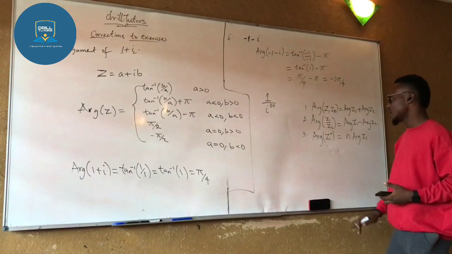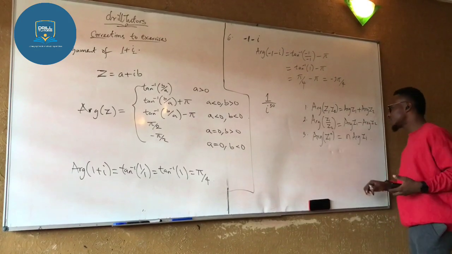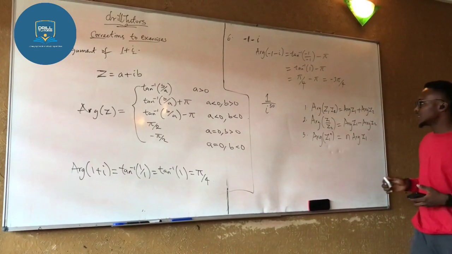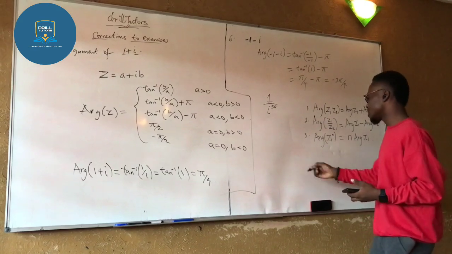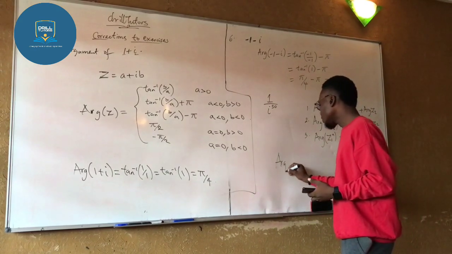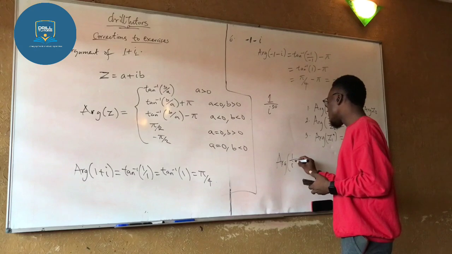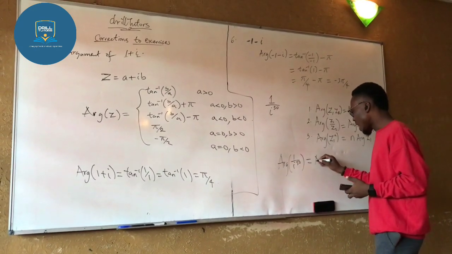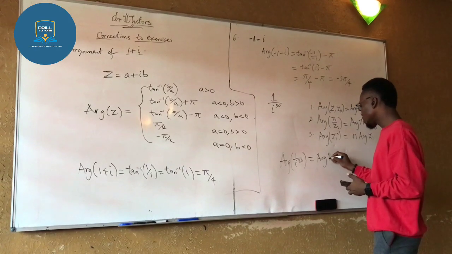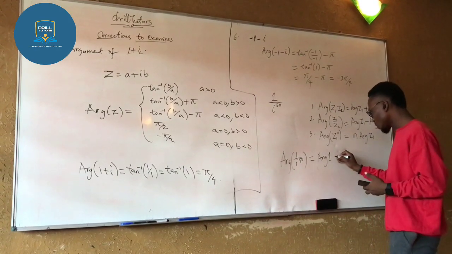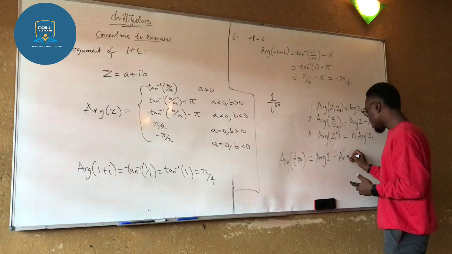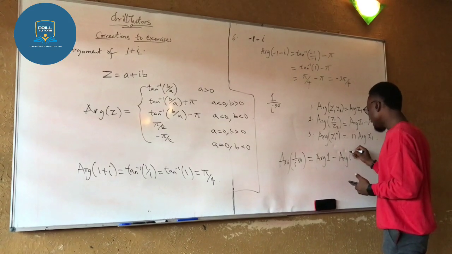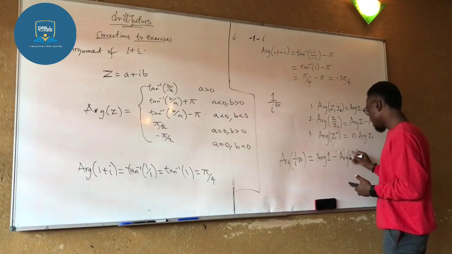Now looking at this, I need to use 2 of these principles, and that is this and this. So the argument of 1 over i raised to power 50 is simply the argument of 1 minus the argument of i raised to power 50.